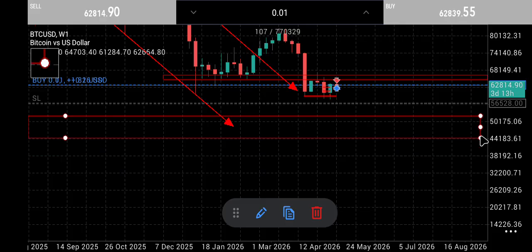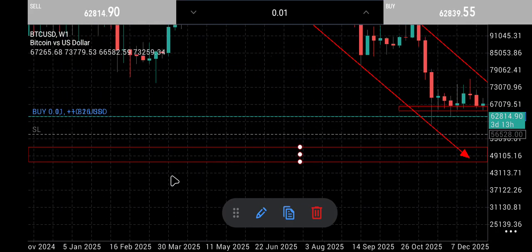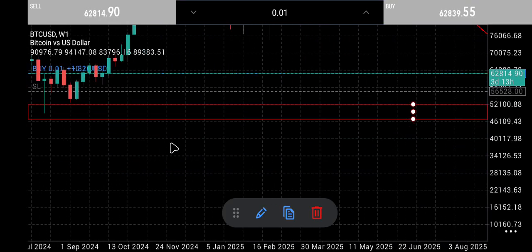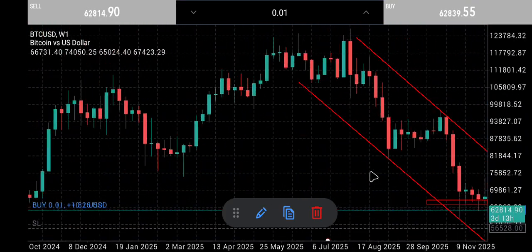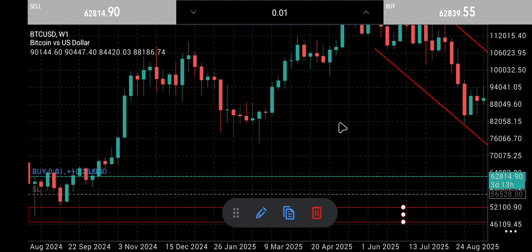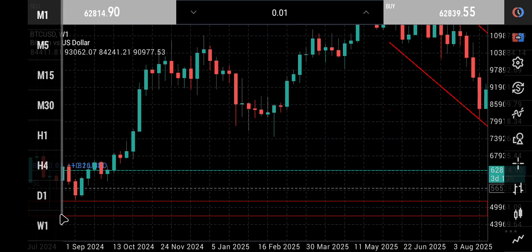Guys, remember I said that these structure levels you can draw subjectively, right? But remember also, when you are doing your analysis, before you execute your trade, you have to do top-down analysis.